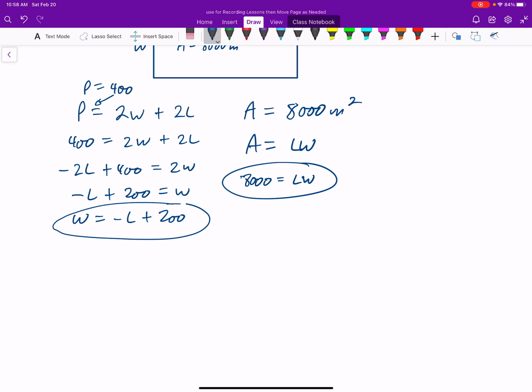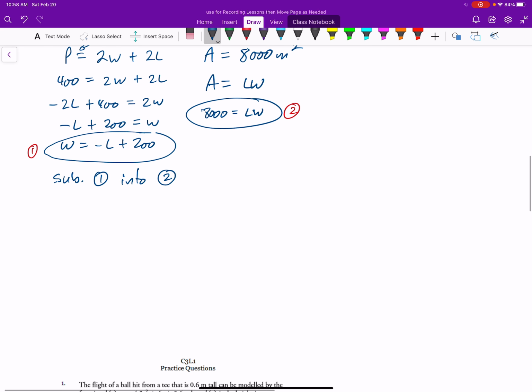I could use substitution. So I'm going to call this equation 1, and I'm going to call this equation 2, and I'm going to substitute equation 1 into equation 2. When I do that, I'll have 8,000 equals L times negative L plus 200.